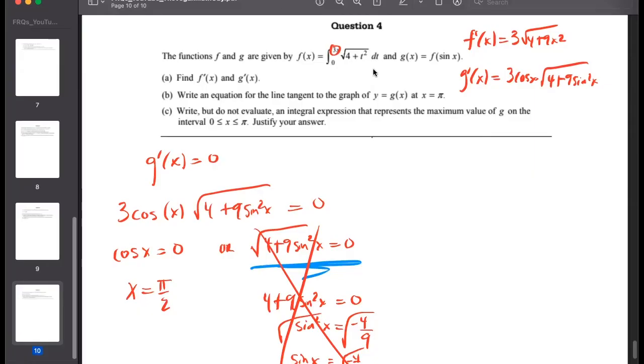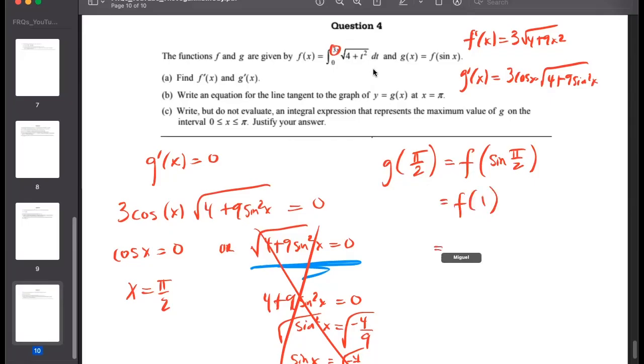Now, this is when the maximum value occurs. I need to find the actual value. So really what I'm trying to find is g of pi over 2, which if you recall from the very top, is the same thing as f of sine of pi over 2. Now, sine of pi over 2, in this case, it's 1.